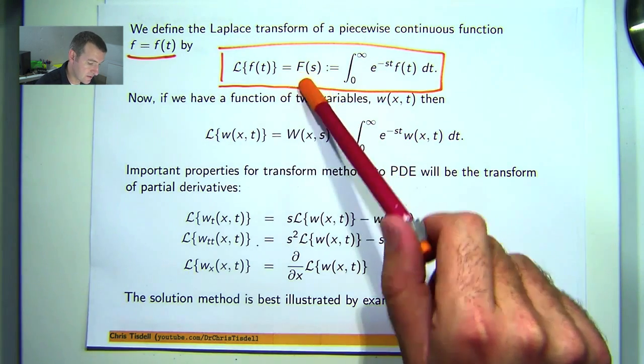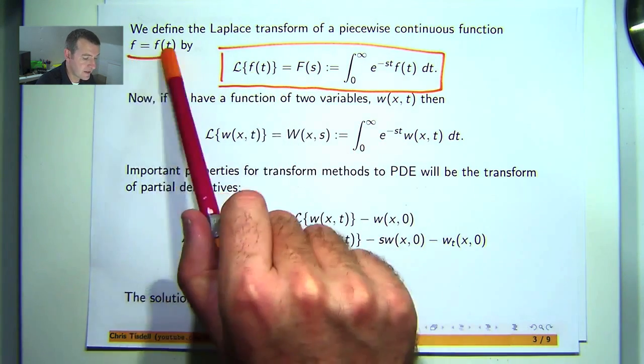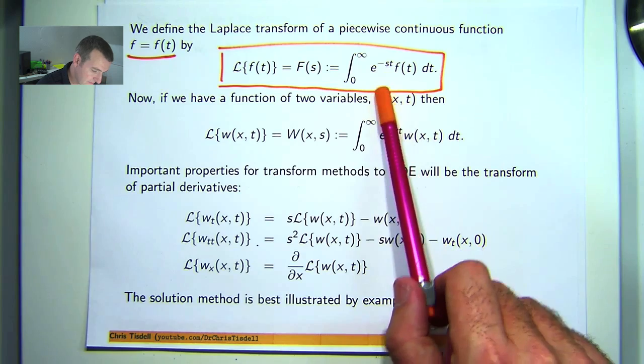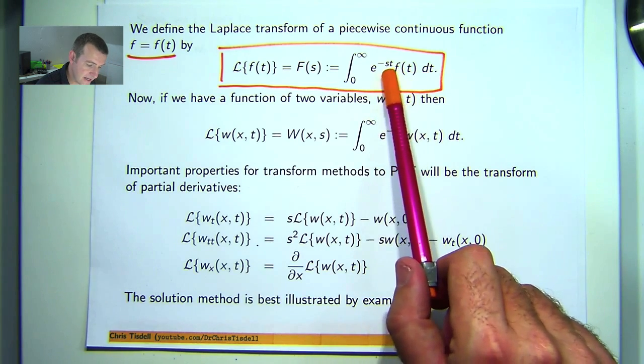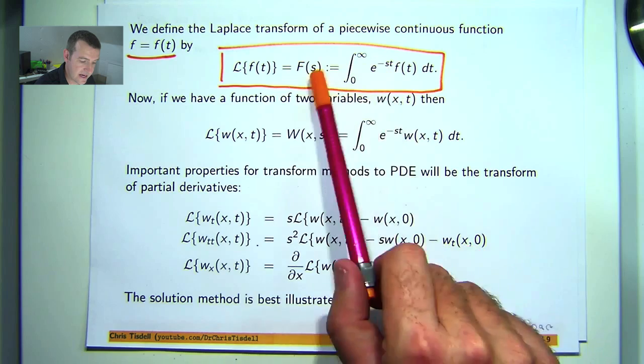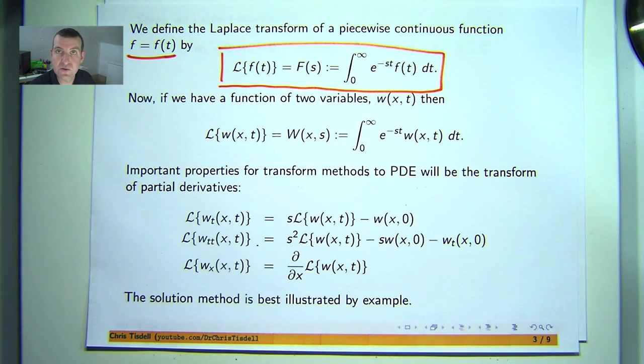Now with regards to notation, lowercase letters are usually associated with the original function of t, and uppercase or capital case letters are associated with the transform of the lowercase letter function. Now you can see in here that we're integrating with respect to t, but there's an s in there as well. So this notation emphasises that actually if we, for example, integrated this, you would be left with a function of s.